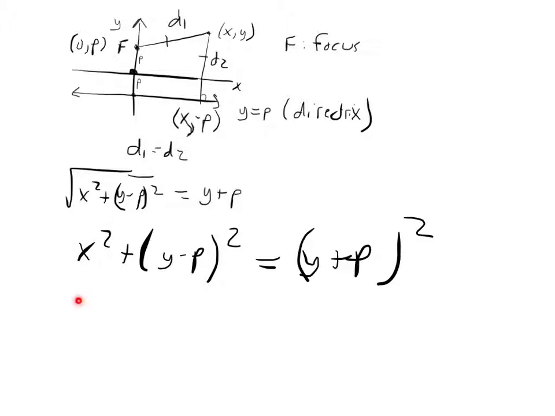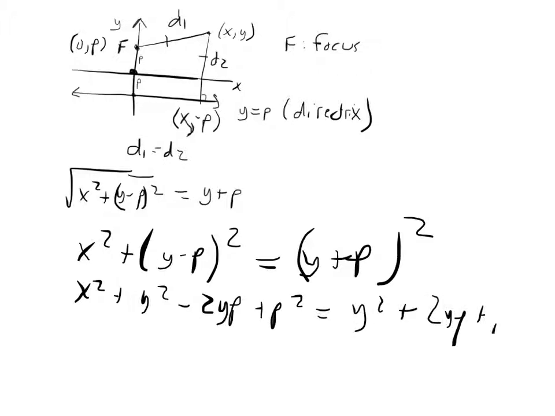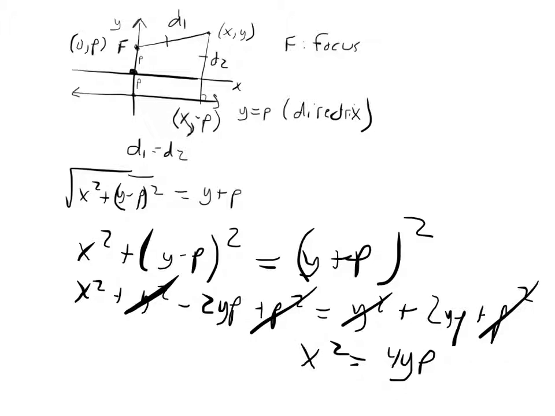So I get x squared plus y squared minus 2yp plus p squared equals y squared plus 2yp plus p squared. We get lots of stuff to cancel. The p squareds are gone, the y squareds are gone, and I get 4yp, if I move the negative 2yp over to the right, equals x squared.